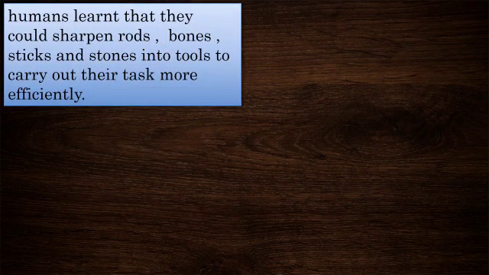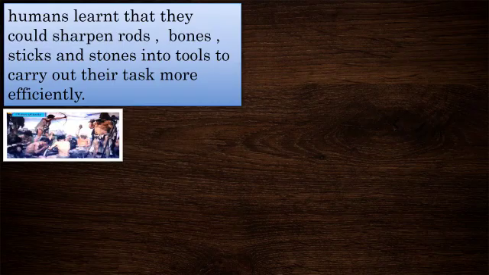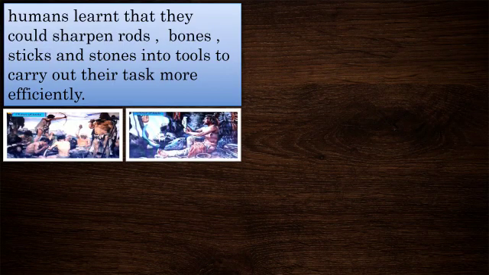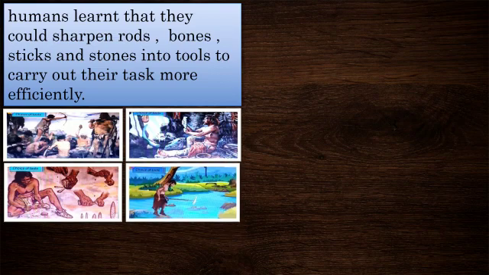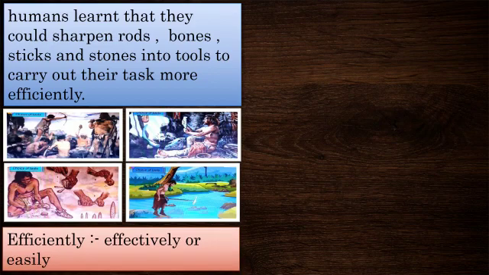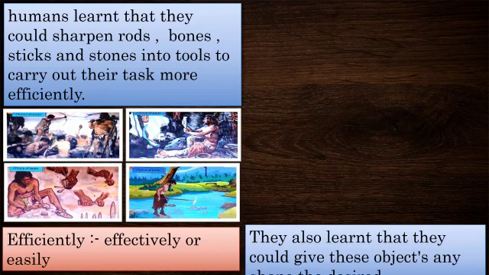Humans learned that they could sharpen rods, bones, sticks, and stones into tools to carry out their tasks more efficiently. So, efficiently means effectively or easily. So, to carry out the task easily, it is very important to sharpen tools like rods, bones, sticks, and stones.